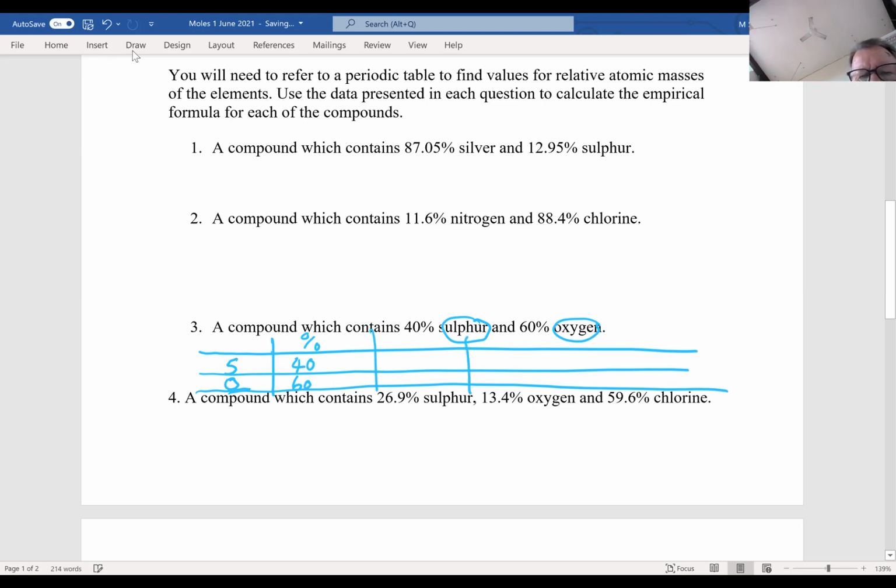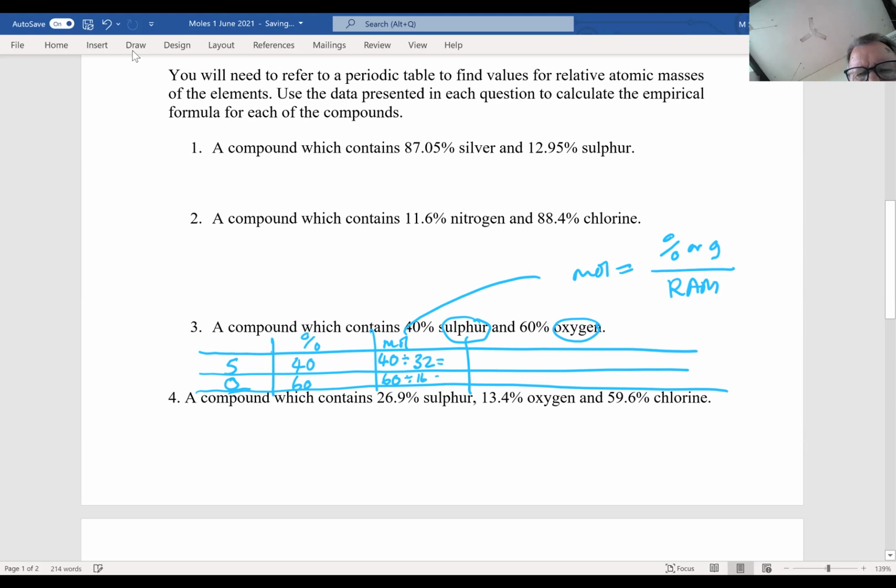Then I work out moles, and the moles is the percent or the grams, depending on which one you are given, over the RAM. So this would be 40 divided by, and you would have to look on the periodic table, but sulfur is 32, and oxygen 60 divided by 16.